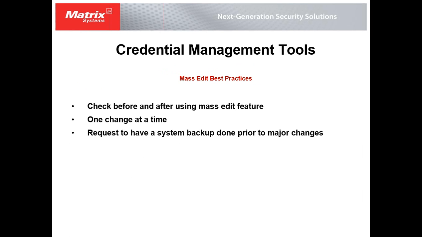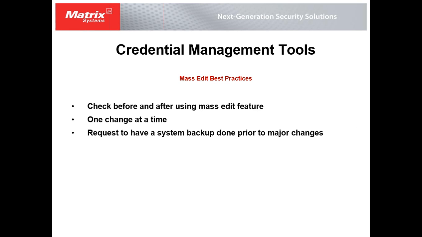So the best practices before we actually pull the trigger on this and start manipulating records, this can be a very powerful tool. So you have to be careful what you do here. I'm not trying to scare people here, but you do want to be very careful when you're doing a mass edit on badges because you do have the ability to update as many records as you return within that search.